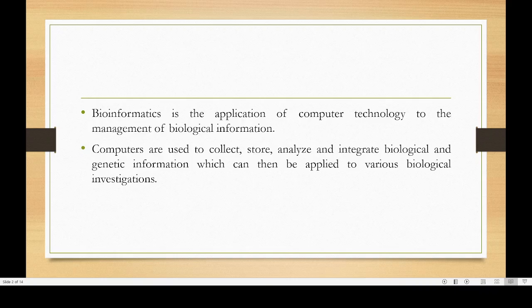Such kinds of uses are there for the computer. So we are using this information for collecting, storing, analyzing and integrating. Integrating means combining with another, or using the data along with other data. That's the meaning of the word integrating.